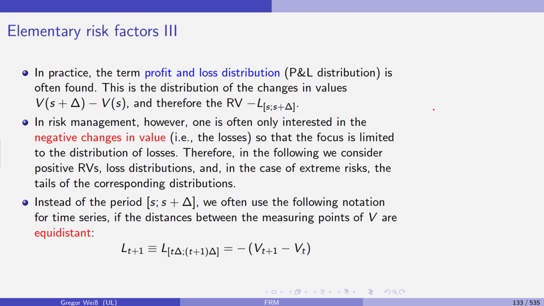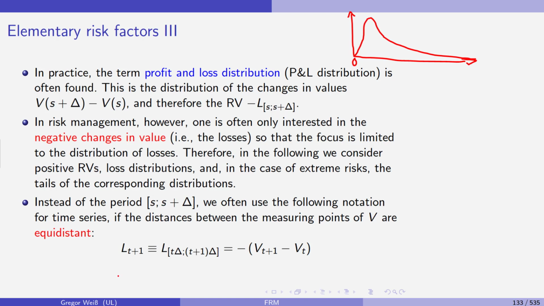Loss distributions are often used in credit risk modeling. Why? Because the only thing that is stochastic is the loss, and this is very close to non-life insurance where you have only losses. The insurance company doesn't get more money if your bike is not stolen. It only loses money and only can have a claim of a positive number or, in the best case, 0. So this is why we use positive loss distributions in non-life actuarial science or also in credit risk.